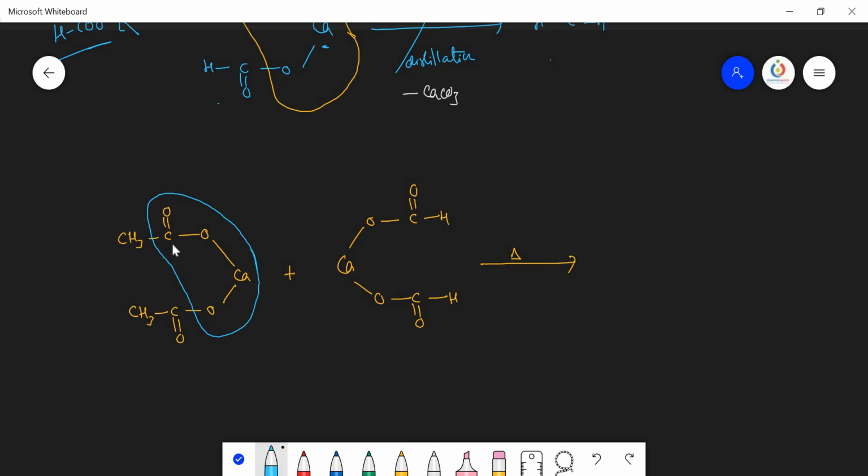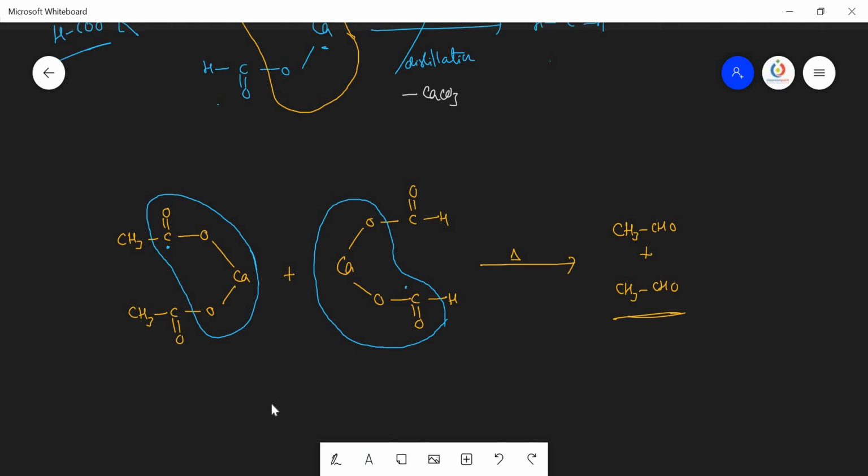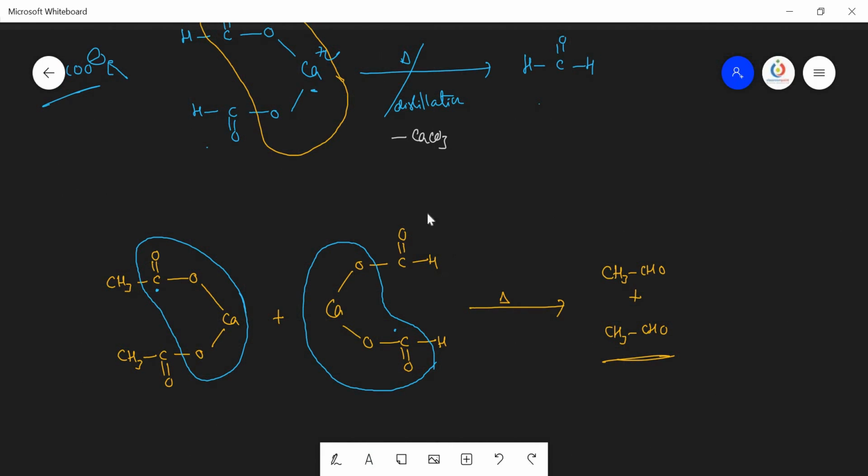So here CH3 is left and the CO group you have removed from the top, then you remove the CO from the bottom. Now you combine CH3 and CHO, aldehyde. Here CH3CO and hydrogen, aldehydes. So aldehydes are obtained when calcium acetate and calcium formate are used.